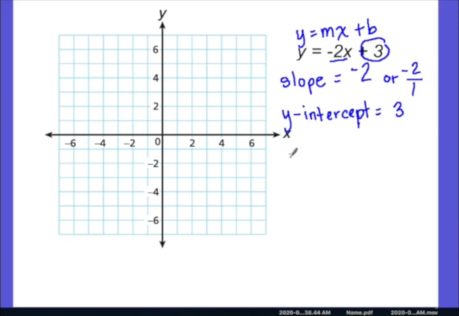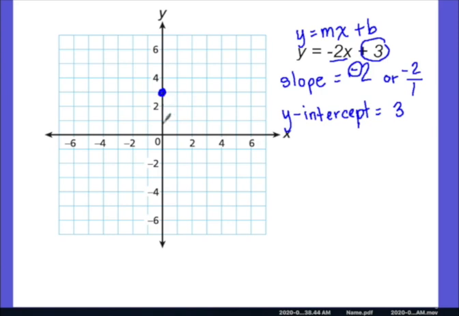So now I'm going to start graphing this equation. I'll start by finding my y-intercept and putting it at 3. The slope of this line is negative 2, so that means instead of rising up 2, I'm going to go down 2.